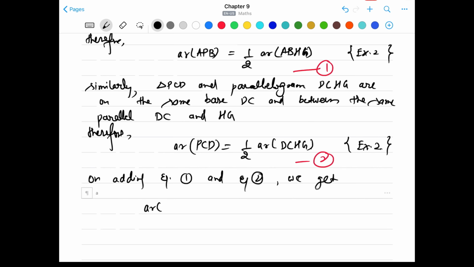On the left hand side we have area of triangle APB plus area of triangle PCD.